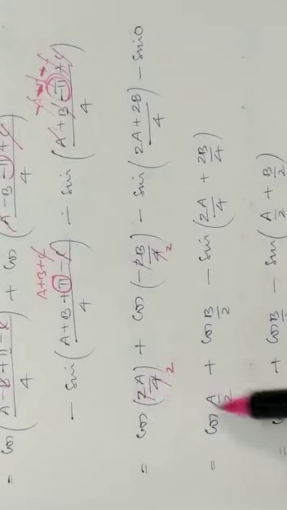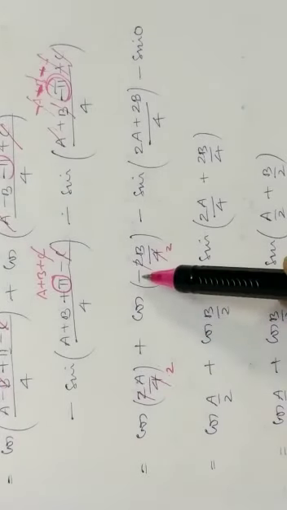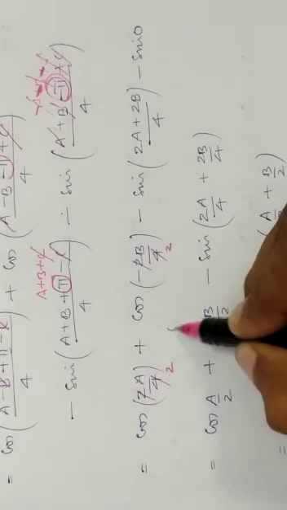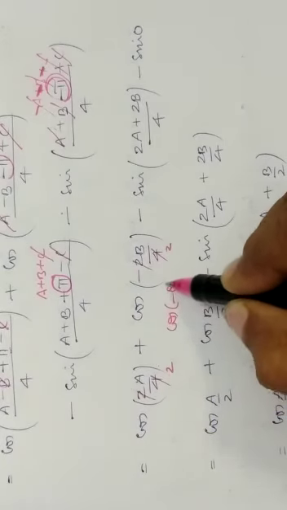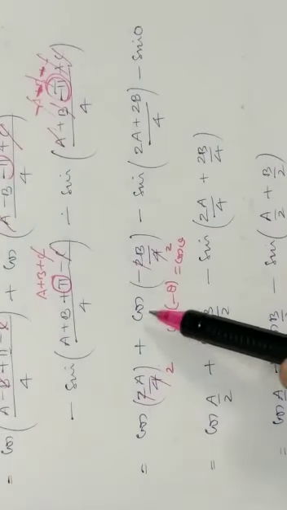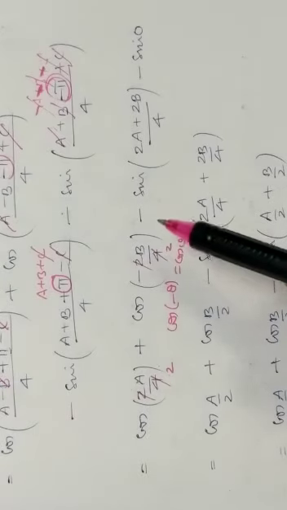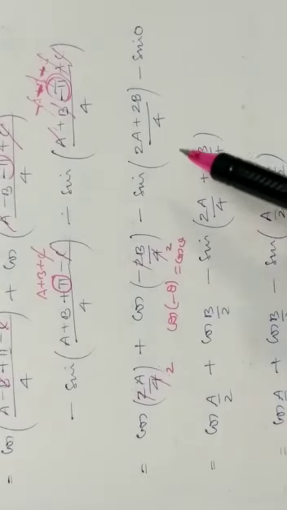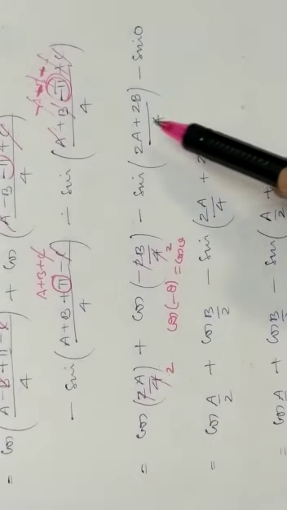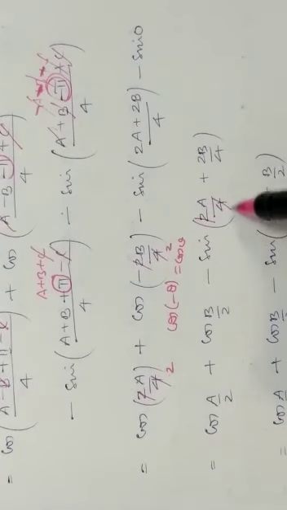So, cos a by 2 plus, in the form of cos minus theta, cos minus theta is cos theta. So, cos minus b by 2 is cos b by 2. Minus, split the denominator to the numerator, 2a by 4 plus 2b by 4.